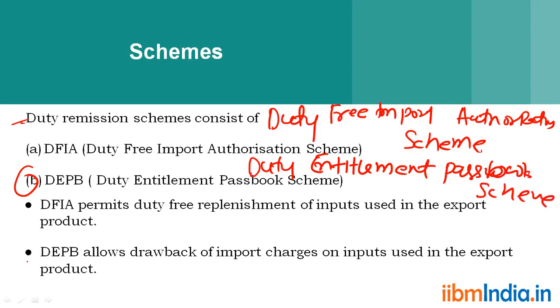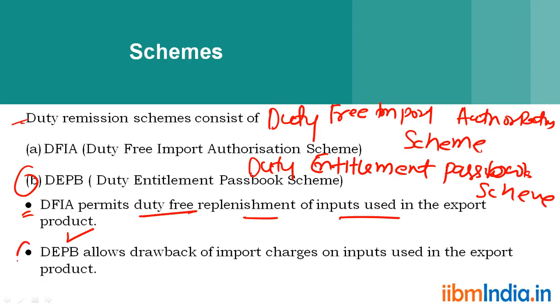So we have duty remission scheme consisting of the duty-free import authorization scheme and the duty entitlement passbook scheme. DFIA permits duty-free replacement of input used in the export products.